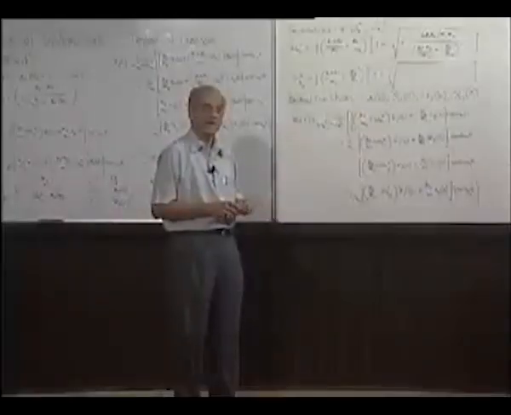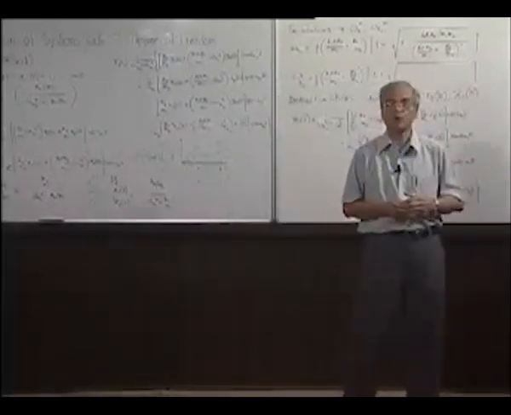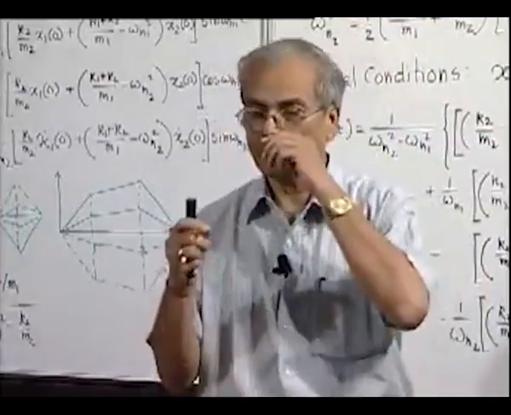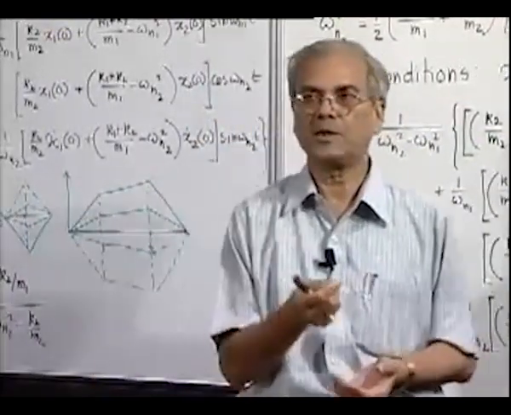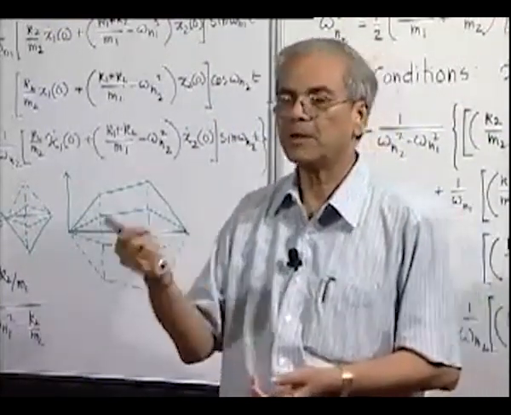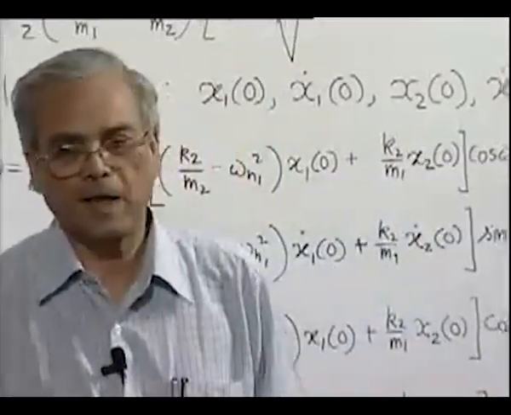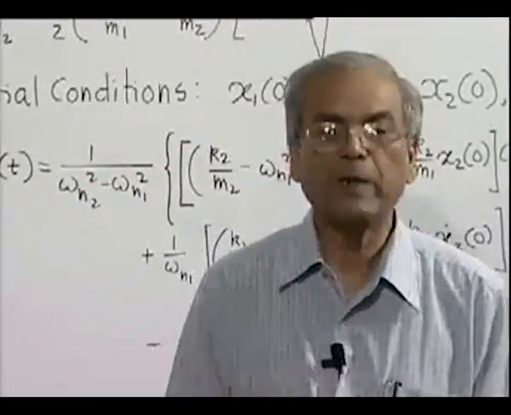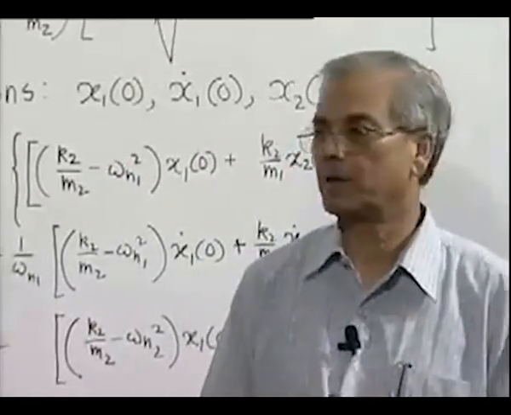So, since a general oscillation can be expressed in terms of the simple harmonic natural mode oscillations, we will investigate only natural mode oscillations. And again, as we have done in case of single degree of freedom system, our primary objective will be to find out the natural frequencies, and one extra thing in such cases, we have to also find out the mode shapes.